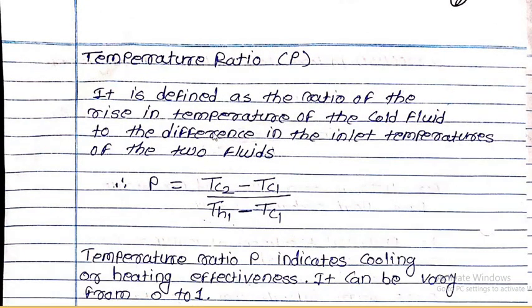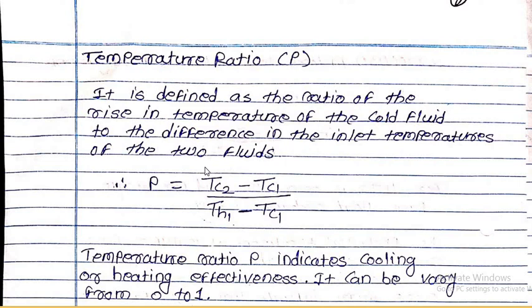The temperature ratio is defined as the ratio of the rise in temperature of the cold fluid to the difference in the inlet temperatures of the two fluids. What is meant by rise in temperature of a cold fluid? When the cold fluid passes over the heating surface of a heat exchanger, how much its temperature increases is the rise in temperature of the cold fluid.